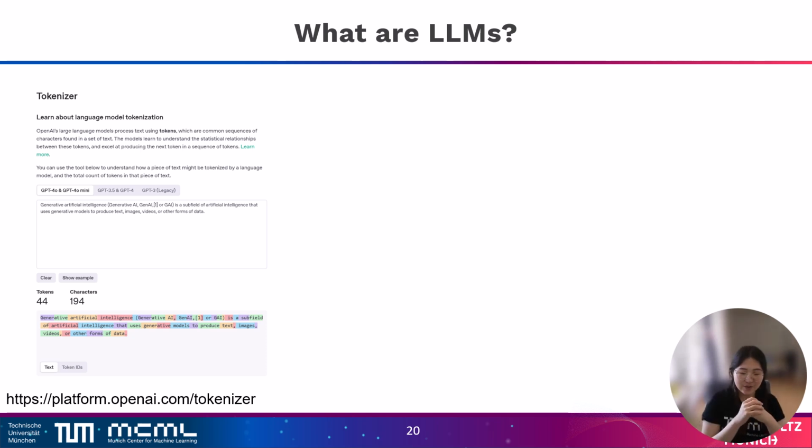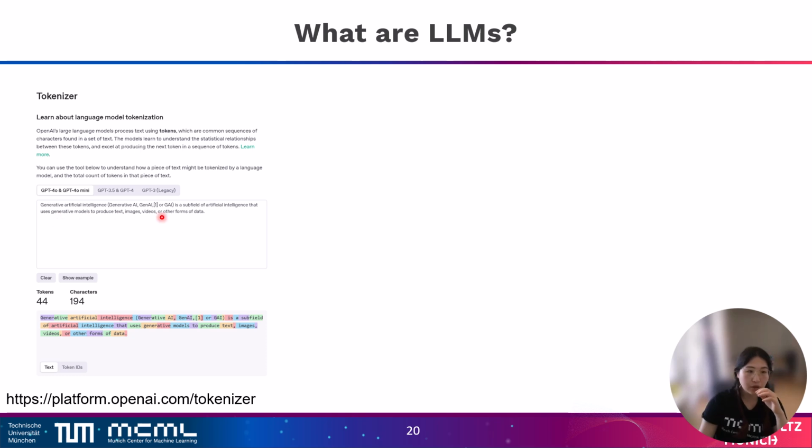So now you know that the base unit the large language model handles is token, but what actually is a token? Maybe you still find it a little abstract. Here you can search on this website. It is a platform ChatGPT offers us to see how many tokens are behind a sentence.